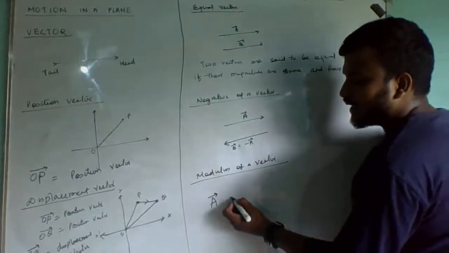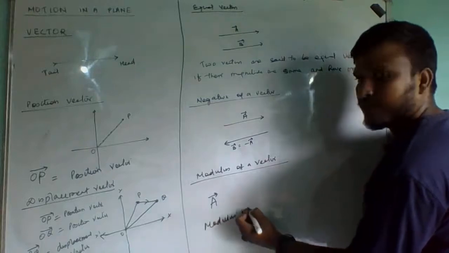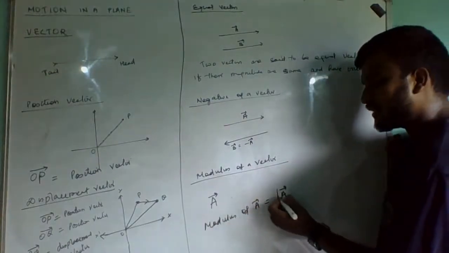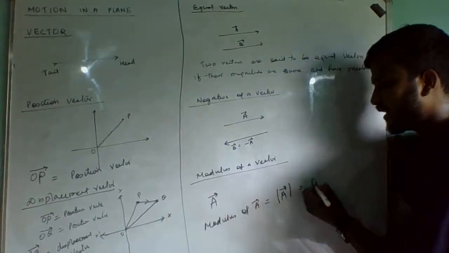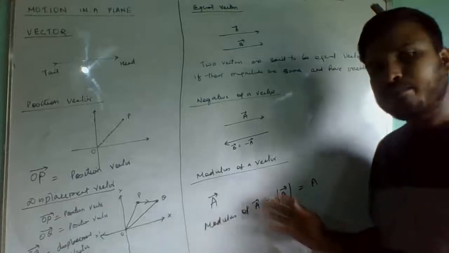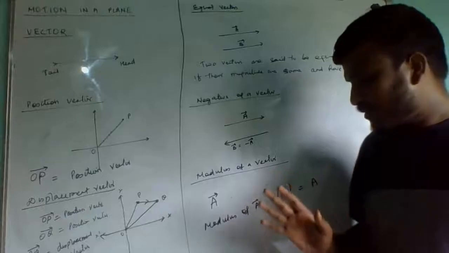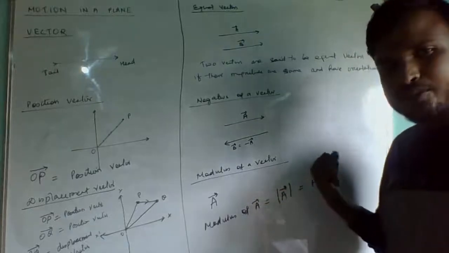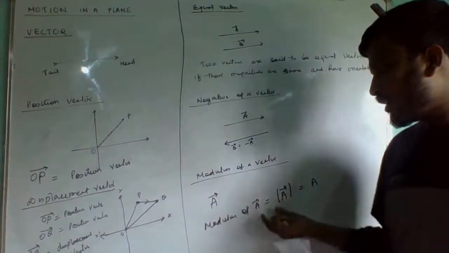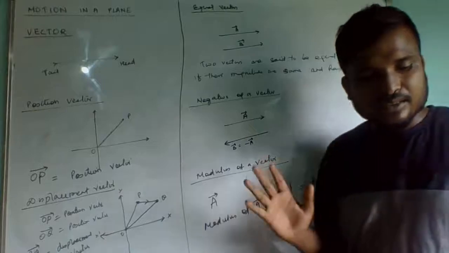But when I write the modulus of a vector, the modulus of vector A is represented by |A|, which is also equal to a. When I write this, we are concerned only about the magnitude. Direction, where it is going, doesn't matter to us. So modulus of a vector means only the magnitude part of a vector. Direction we are not concerned with.